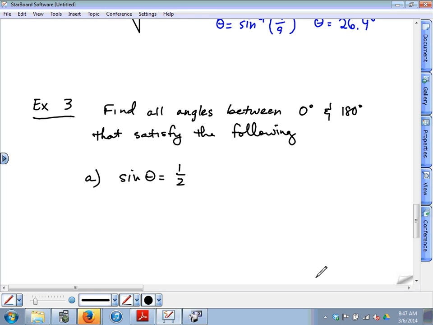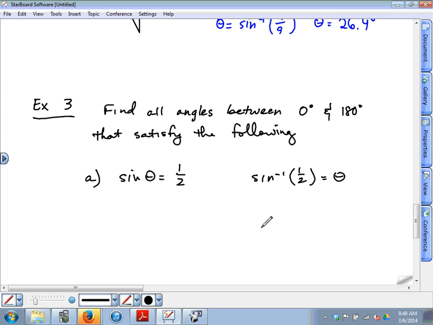Find all angles between 0 degrees and 180 degrees that satisfy the following. The sine of some angle has to equal 1/2. Well, that implies that the inverse sine of 1/2 has to equal that angle theta. Correct?